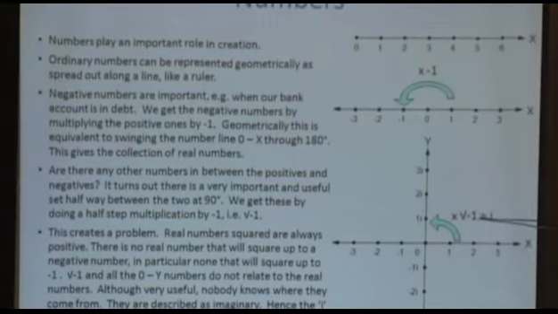They're associated with this square root of -1. That's how they're generated. Now, that creates a problem, because if we take our ordinary numbers and square them, if we square a negative number, we will always get a positive number. In other words, if I multiply -1 by -1, I get +1. In other words, all numbers square up to a positive number.